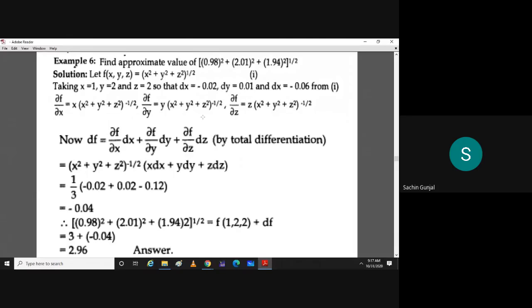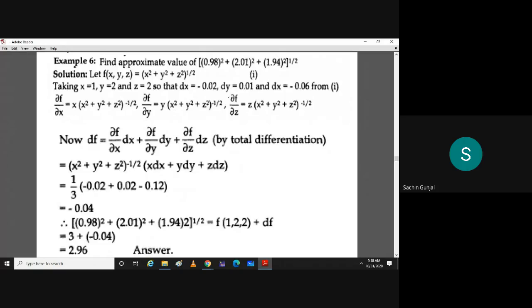Then we calculate the error in f, that is called df. So df is equal to del f by del x dx, plus del f by del y dy, plus del f by del z dz, the summation of these three terms. Del f by del x is now known to you, dx is known to you, del f by del y is here, dy is also known to you.